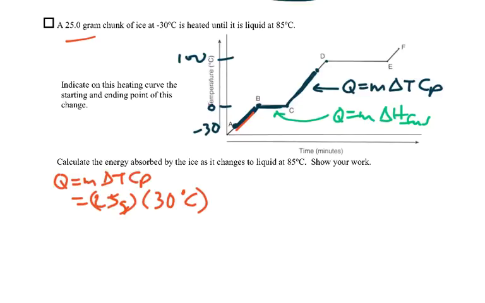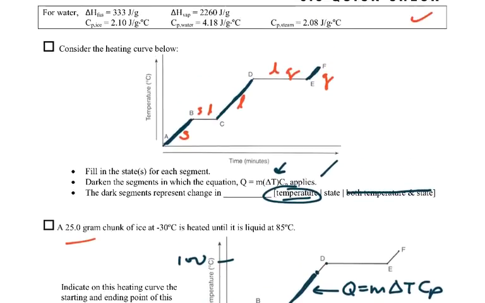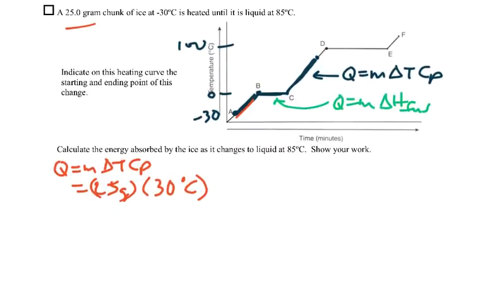The Cp for ice, we'd have to look back at the top, is 2.10 joules per gram degree. When I calculate that up, I get 1,575 joules. That is the energy for this first little segment.